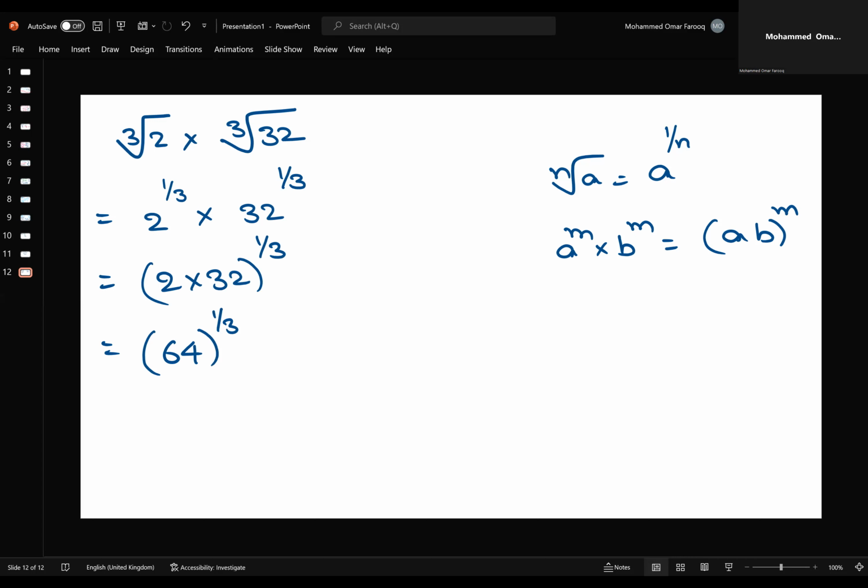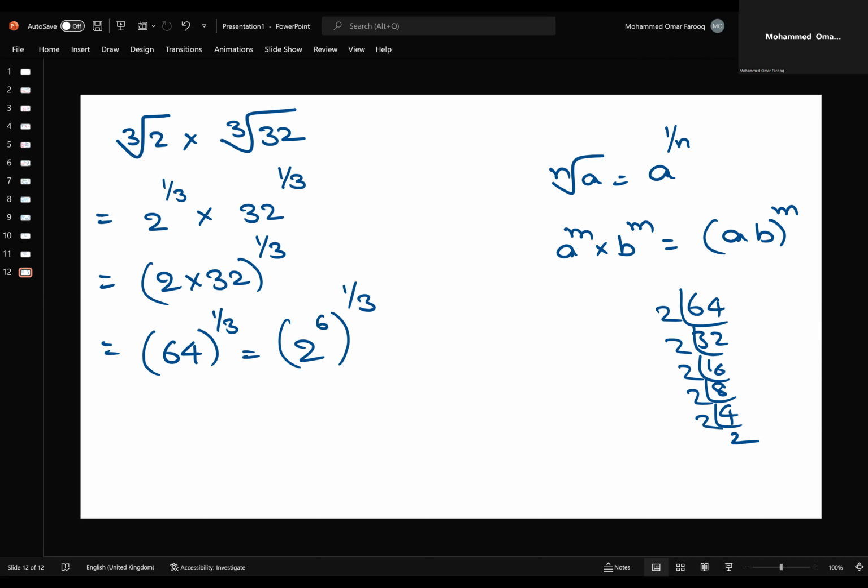Now you prime factorize 64. How will you prime factorize? 2 32 times, 2 16 times, 2 8 times, 2 4 times, 2 2 times. So it will be 2 to the power of 6 whole to the power of 1 by 3.